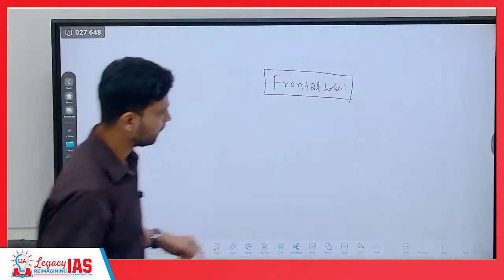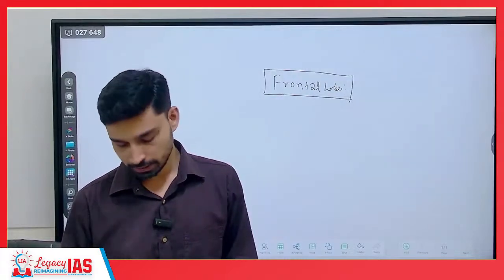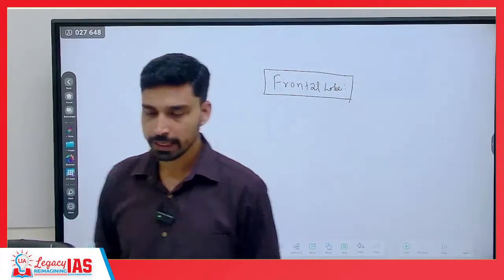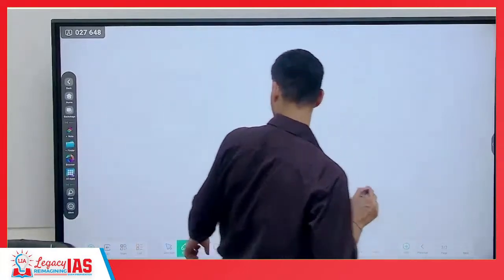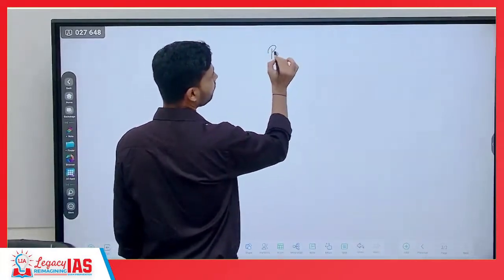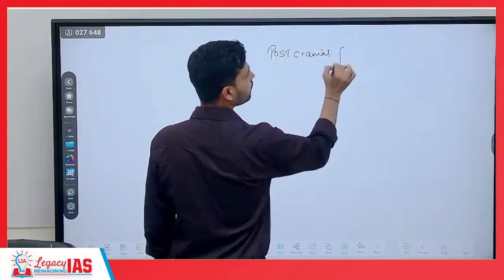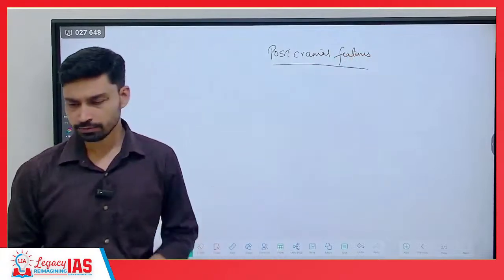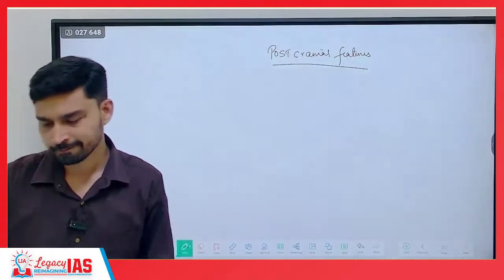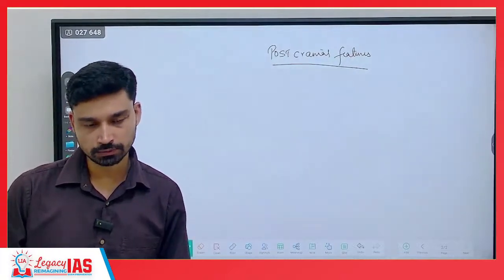Next, that is about the skull part; both the skull part and the brain part we have discussed. Next, we can talk about the post-cranial features. We can make a comparison of man and apes in the post-cranial features, that is, anything after the skull or below the skull.